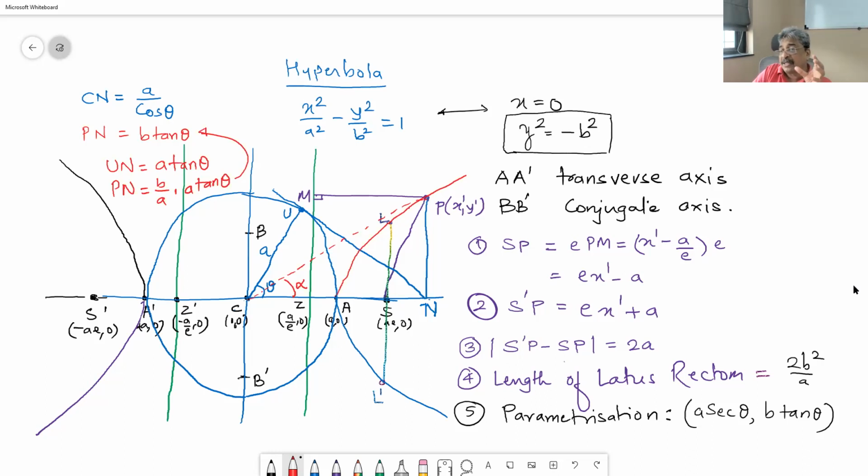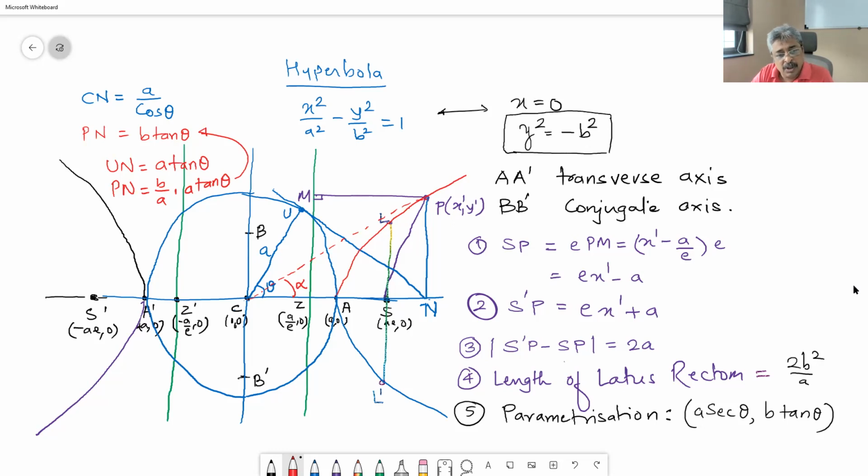This is what makes hyperbola a little complicated, because in ellipse the eccentric angle is not the angle CP, agreed, but it is near; you join the corresponding auxiliary point on the circle and you get the theta value. It was easy to visualize in case of ellipse, but unless we are very clear about what we are doing in hyperbola, it is a little difficult.